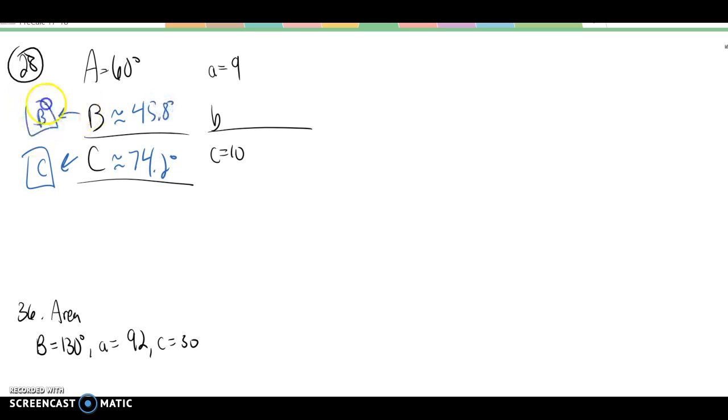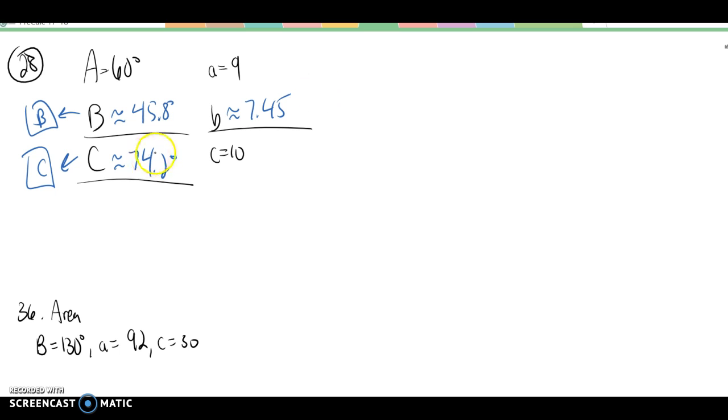Store that value as B. Then we could say the sine of 60 degrees over 9 equals the sine of B over little b. Cross multiply and solve for that one. We get that little b is about 7.45. So there is an answer.